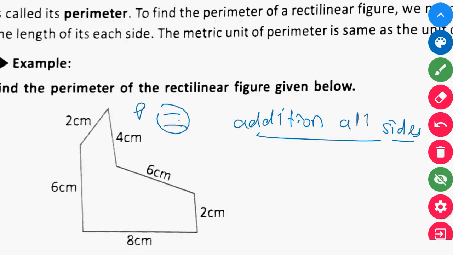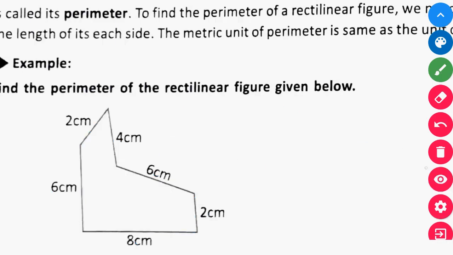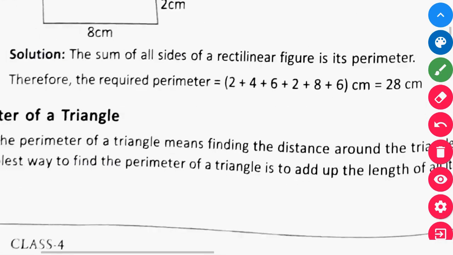So this is an irregular closed figure, and while calculating its perimeter, we have to add this side plus this side plus this side plus this side plus this side and this side. So just add them. 2 plus 6, 8, 8 plus 8, 16, 18, 18 plus 6, 24, and plus 4, 28. So perimeter of this rectilinear figure is 28 centimeter. So like this you have to calculate.